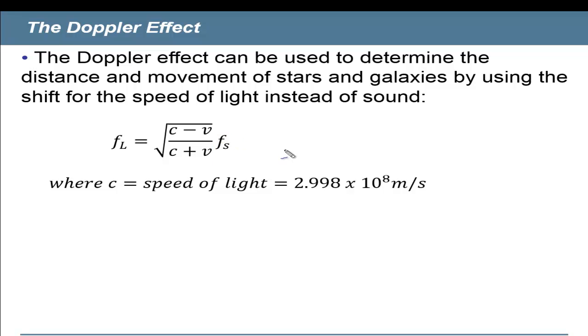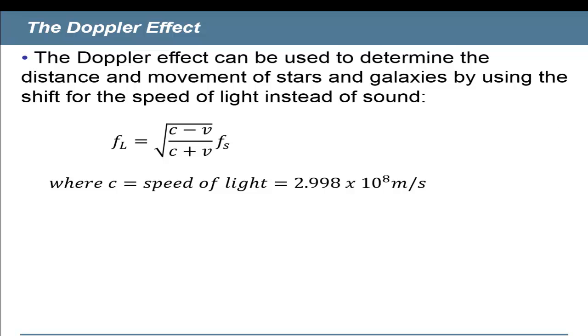This is where we get the term red shift, you might have heard before, because the Doppler shift is almost always in the longer wavelength, or towards the red end of the light spectrum. And so generally we get the shift as a red color. So red shift actually refers to the Doppler shift in determining the distance and movement of stars and galaxies using the Doppler effect.